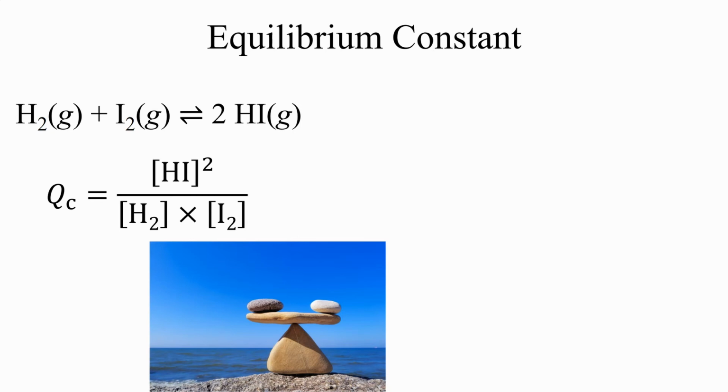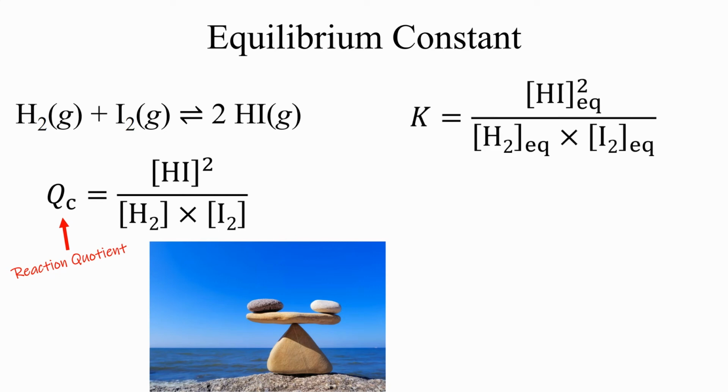Now that we understand the equilibrium quotient, let's talk about the equilibrium constant. The equilibrium constant is the experimentally measured value when a reaction is at equilibrium and the forward rate of reaction is equal to the reverse rate of reaction for any equilibrium. So far we've seen the reaction quotient, but once our reaction has reached equilibrium, we use the constant K for the equilibrium constant.